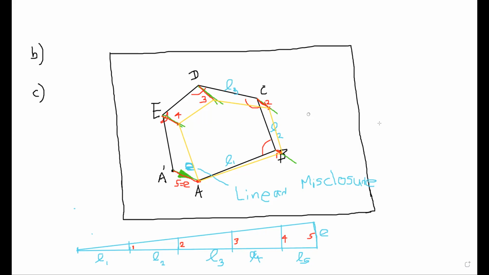Sometimes when you select a scale on your paper and try to draw your polygon, it runs off somewhere. You see at the end that your scale is not good, so you erase everything, select a smaller scale and redraw.